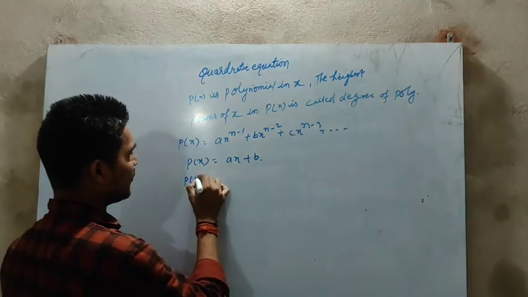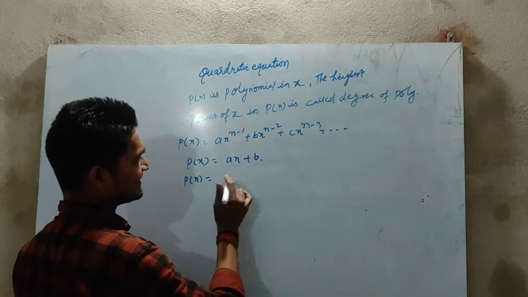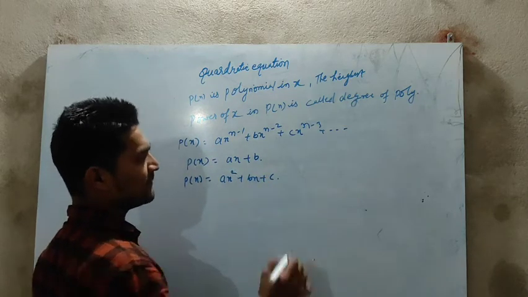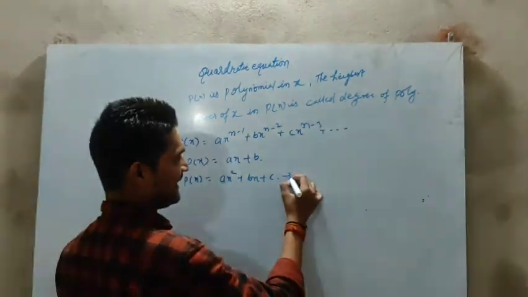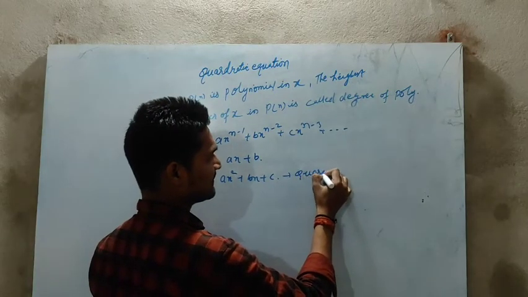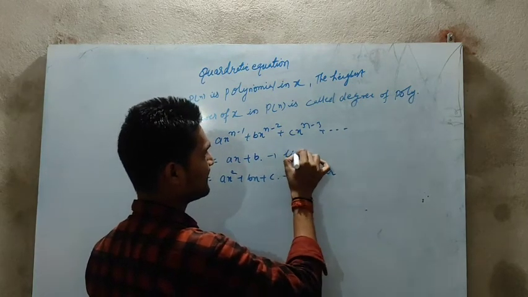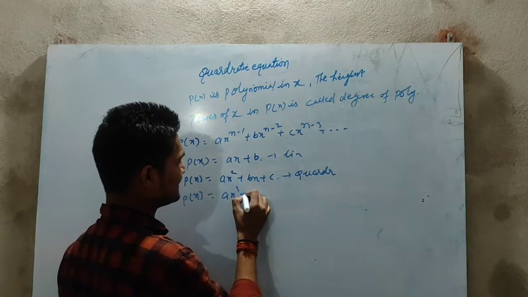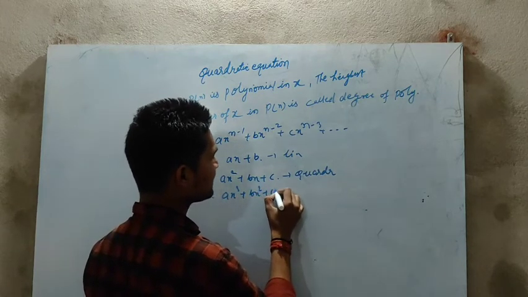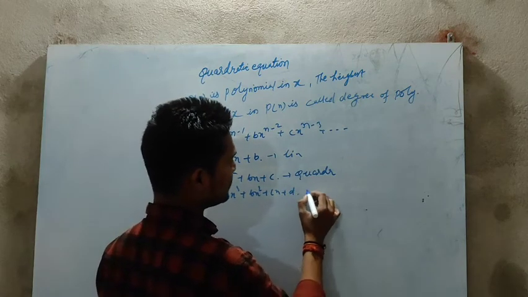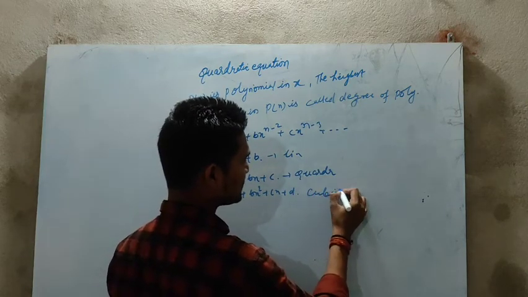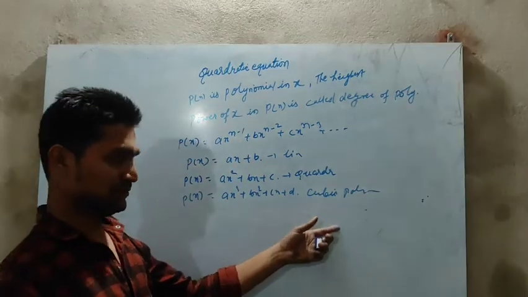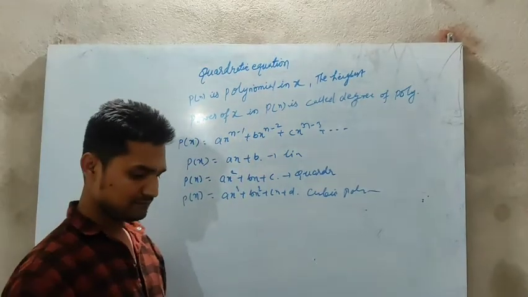If the highest degree of x is 2, then the polynomial is known as a quadratic polynomial. If the degree of x in the polynomial is 3, then the polynomial is known as a cubic polynomial, and so on.